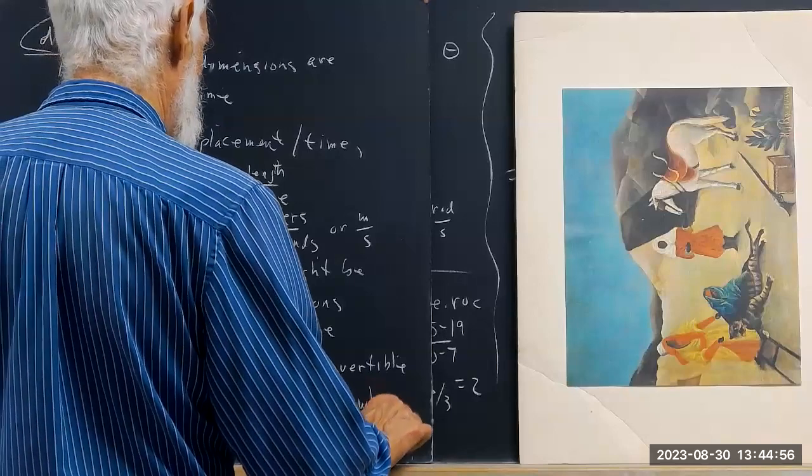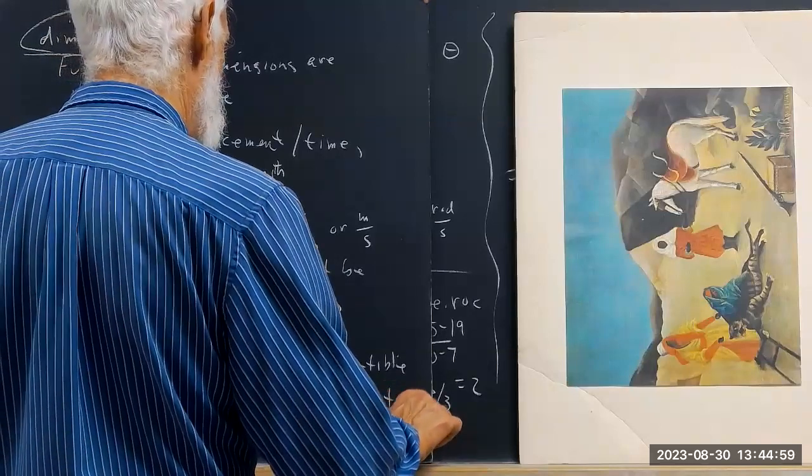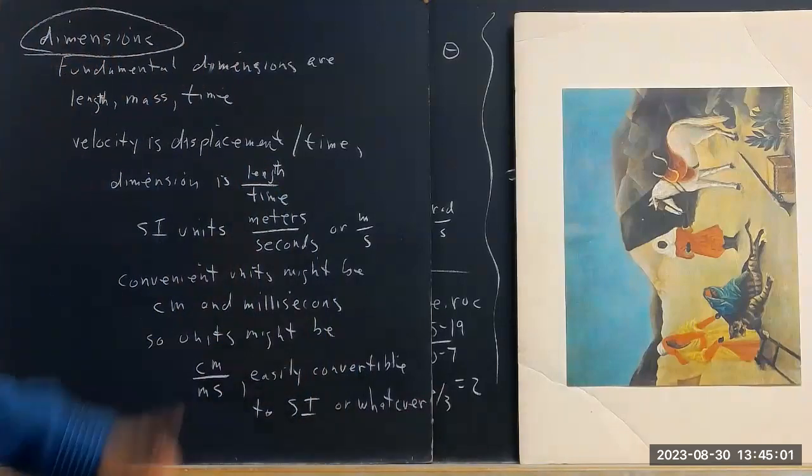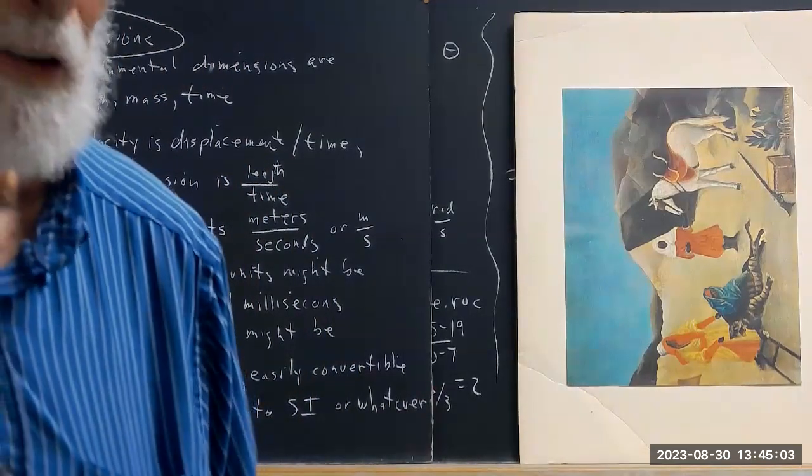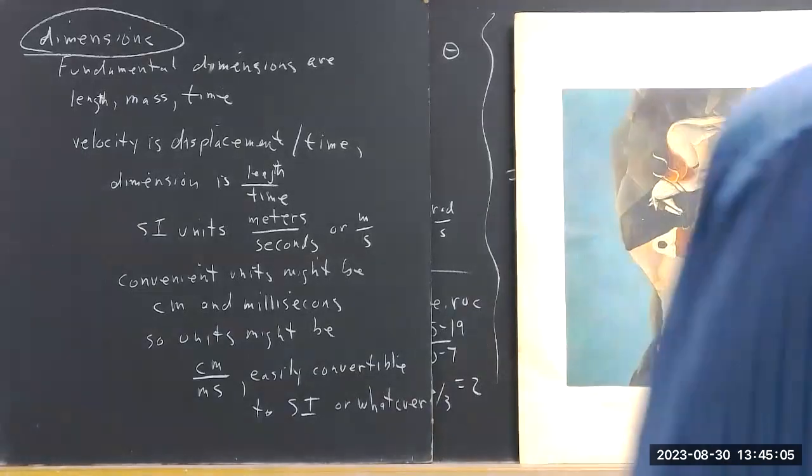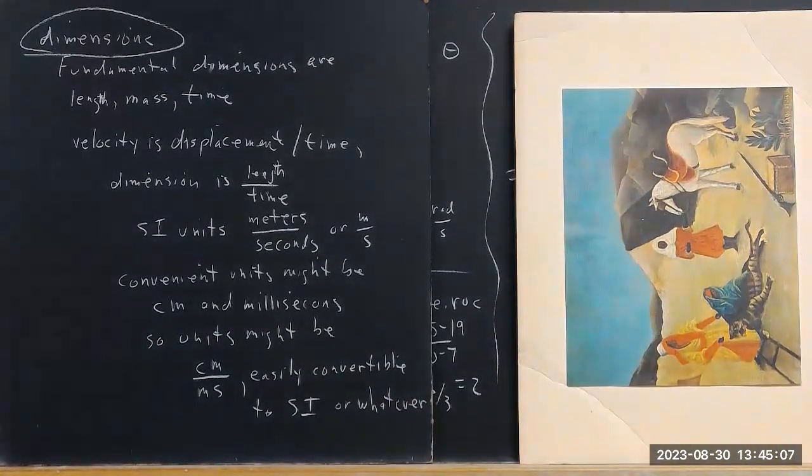If you want to express it in miles per year, all you have to do is know how many meters there are in a mile, and how many seconds there are in a year. About 3.6 million seconds. Meters in a mile is around 1,600. You can make the conversion. It's not difficult.